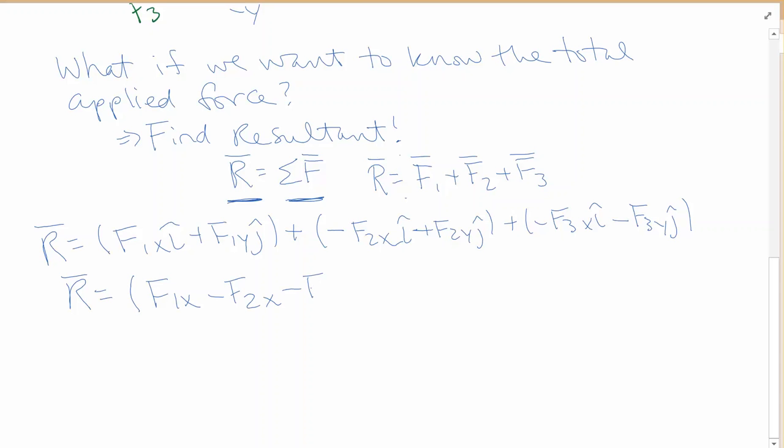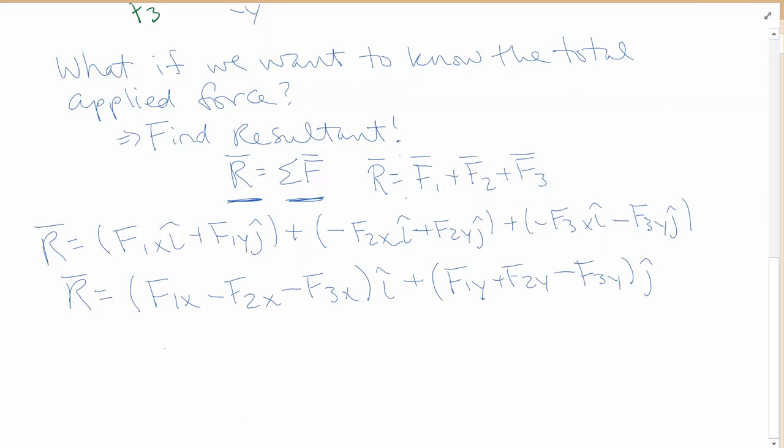And then we have minus F3x. And then we put the i unit vector, because all three of those were i components. And then do the same thing for the y components. So we have F1y plus F2y, and then minus F3y, and then put the j unit vector out to the side, because those are the y components, or the j components.